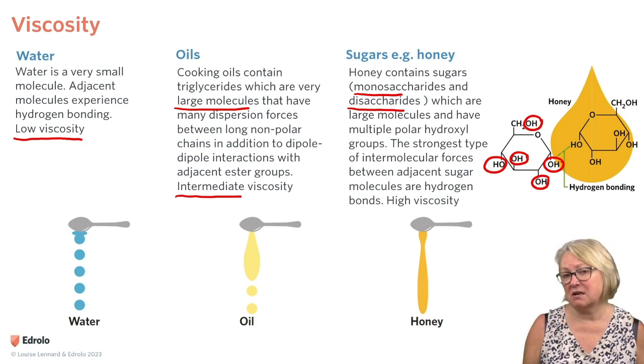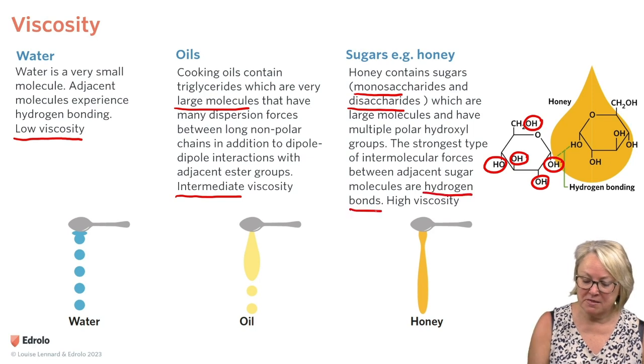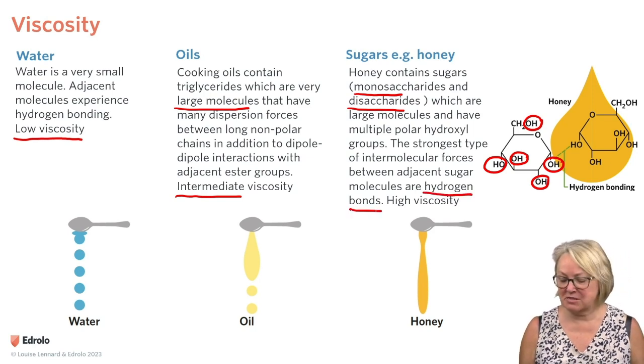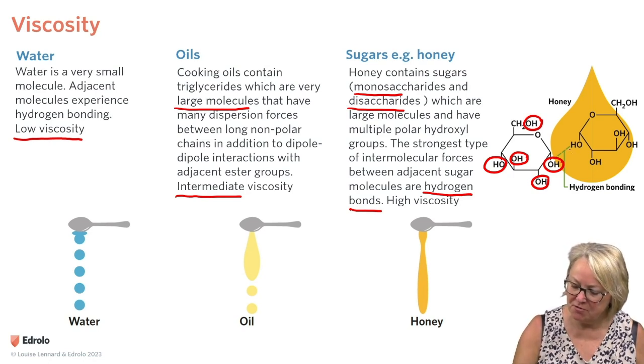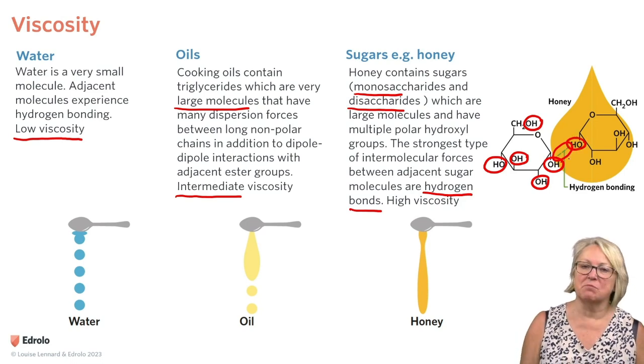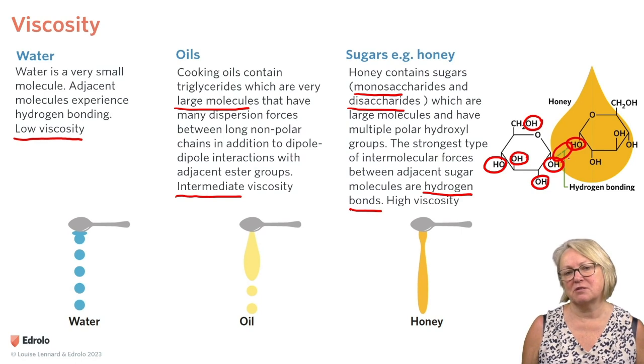And adjacent hydroxyl groups can undergo hydrogen bonding, which means that we've got multiple locations for this hydrogen bonding. And we show the hydrogen bonding as a dotted line between adjacent molecules. And that contributes to honey having a higher viscosity than oil and water.